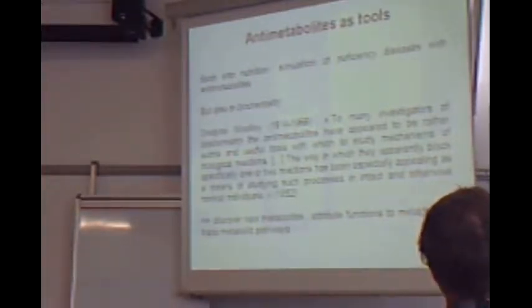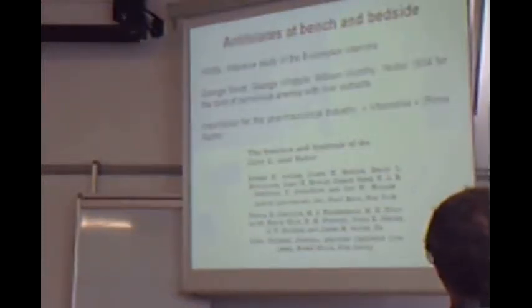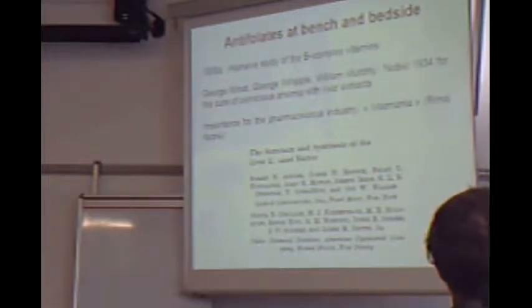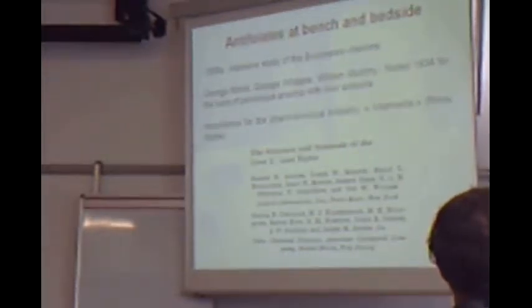Now I'll go to my examples of anti-bacterials to try to make it a bit clearer. Anti-bacterials are anti-metabolites of folic acid, which is vitamin B9.